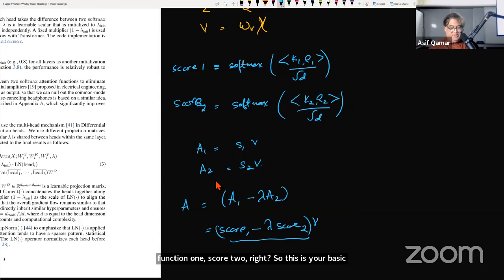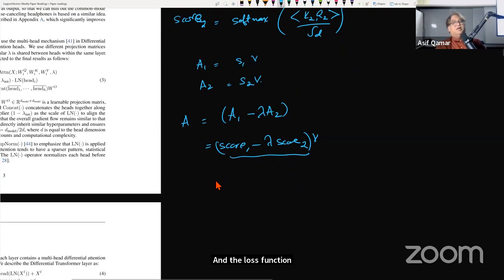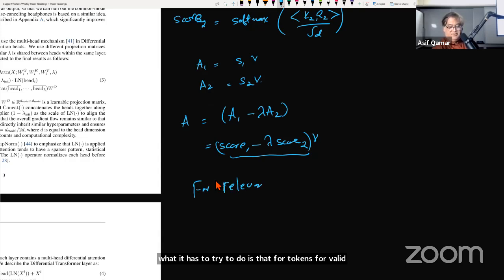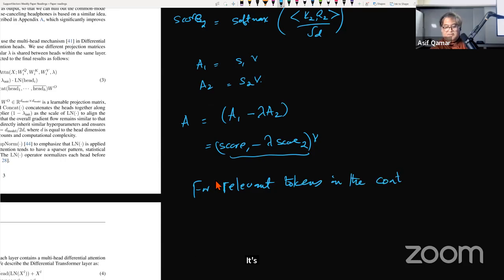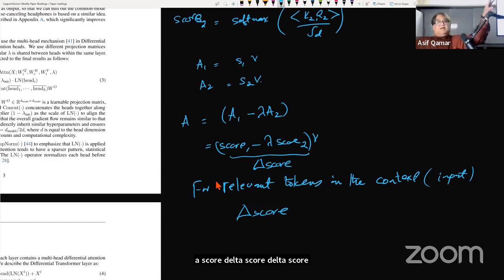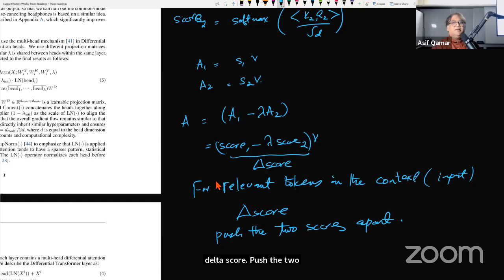And the loss function, basically what it has to try to do is that for important, relevant tokens in the context, think of it as the input sequence, this delta score, it has to spread it out. Push the two apart, and it's learnable.